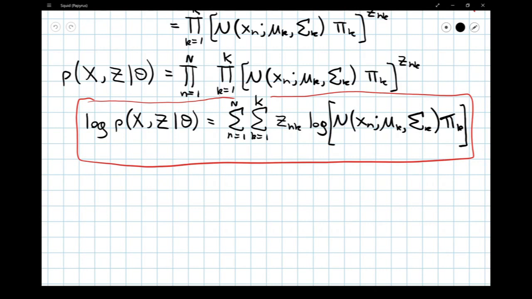Specifically, what we're looking at is the expectation with respect to the probability of z given x and our current best guess at our parameters, which is theta i, of this thing, our log probability of x and z given theta.